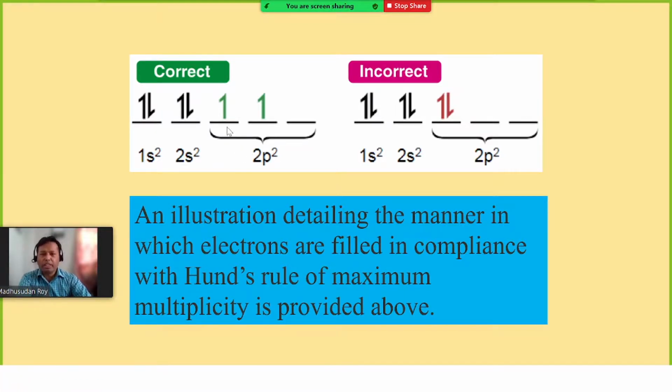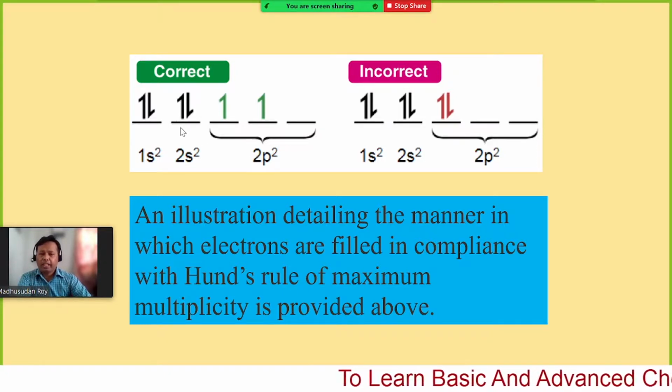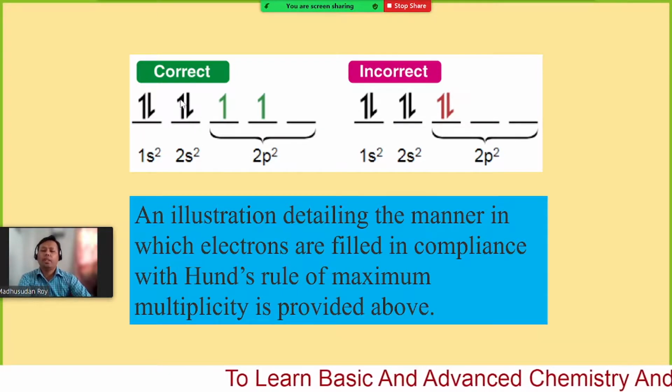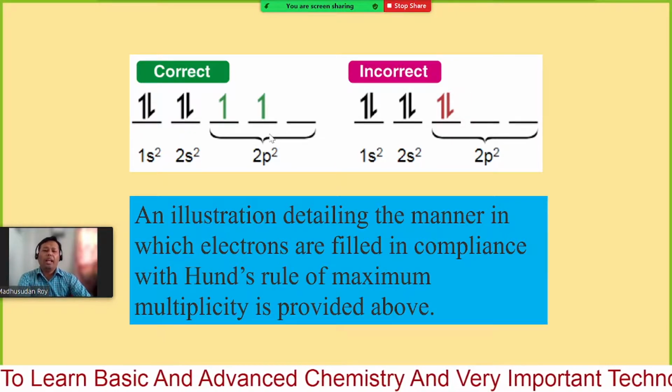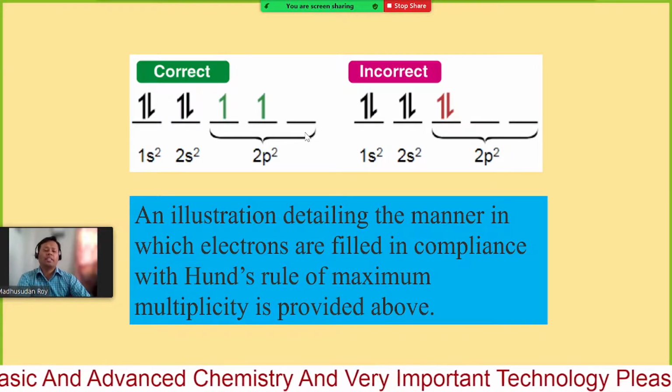Just here you see the electronic configuration for carbon. In the first shell it has 2 electrons with opposite spin. In the second shell it has 2 subshells, 2s and 2p. The first shell is filled with 2 electrons with opposite spin. In the 2p orbital it has 2 electrons.